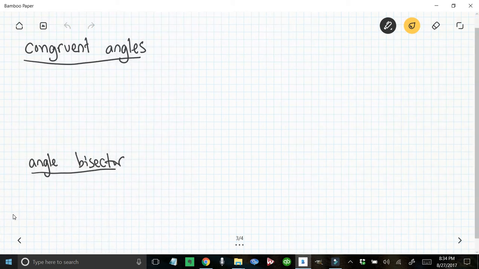Okay, the next little bit, congruent angles. Congruent angles have the same measure. So they are angles with the same, or you could say equal, measures. And the way that will show up on a picture is with some congruency marks.